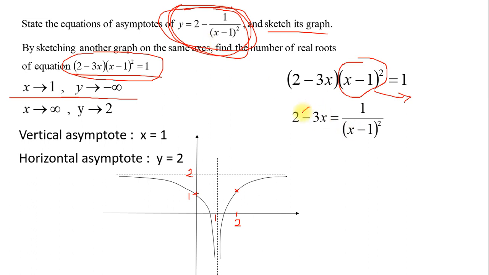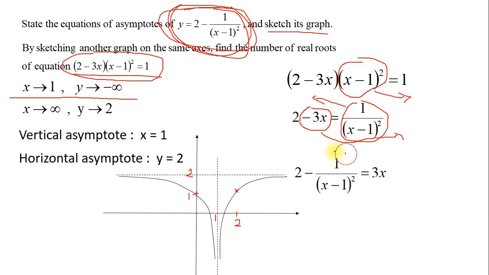Then bring this over here and this over this side, so you get this. So can you see that this side actually matches the graph that you have drawn. So we need to draw another graph, which is this.